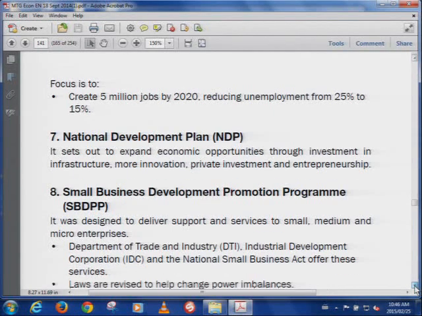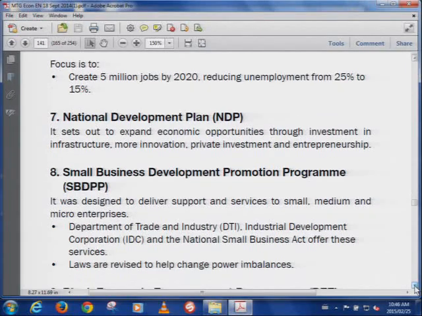And then recently we have the National Development Plan, which was on the question paper last year. Now, the National Development Plan, it sets out to expand economic opportunities through investment in infrastructure, more innovation, private investment, and entrepreneurship.